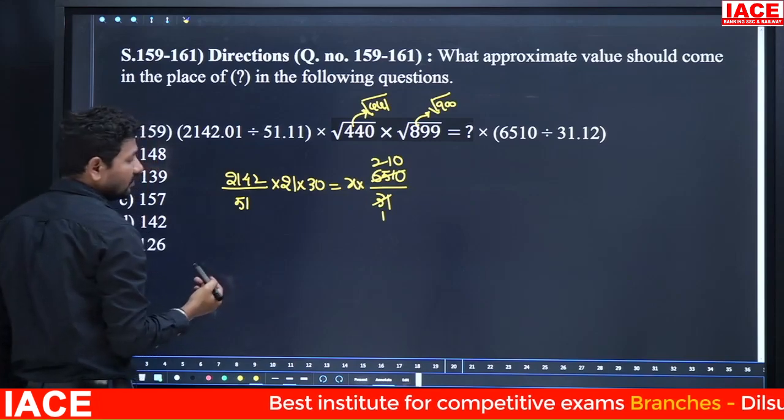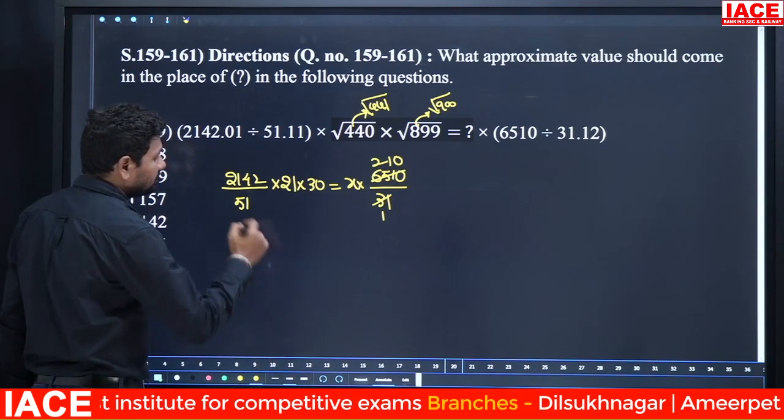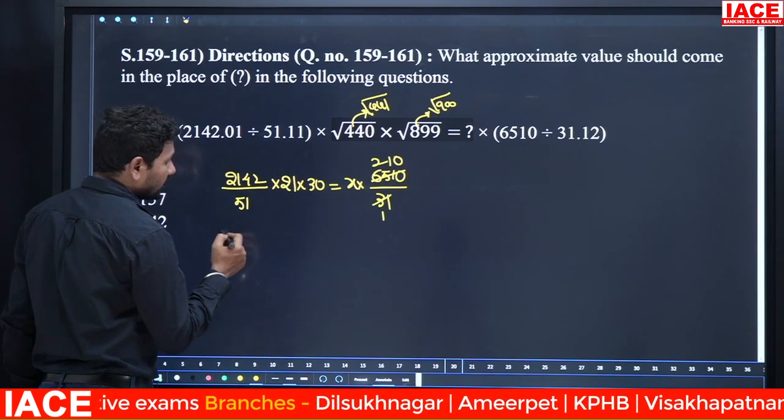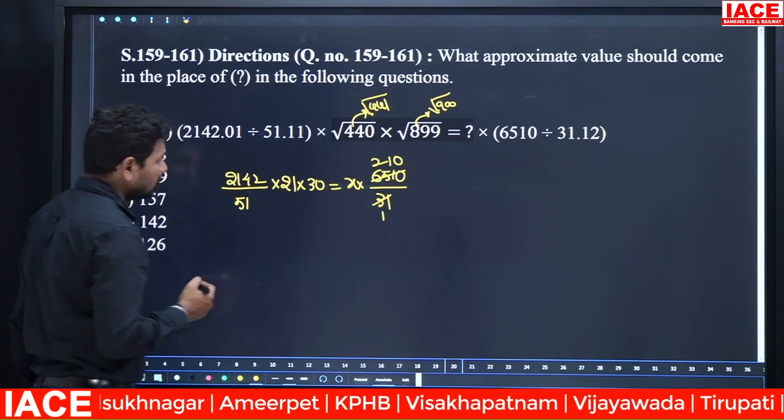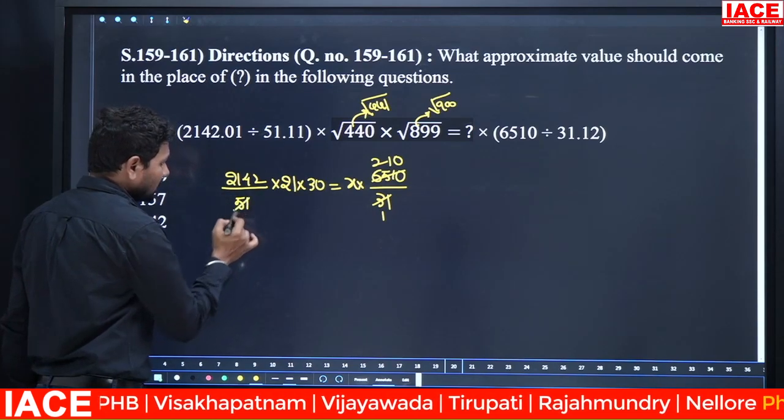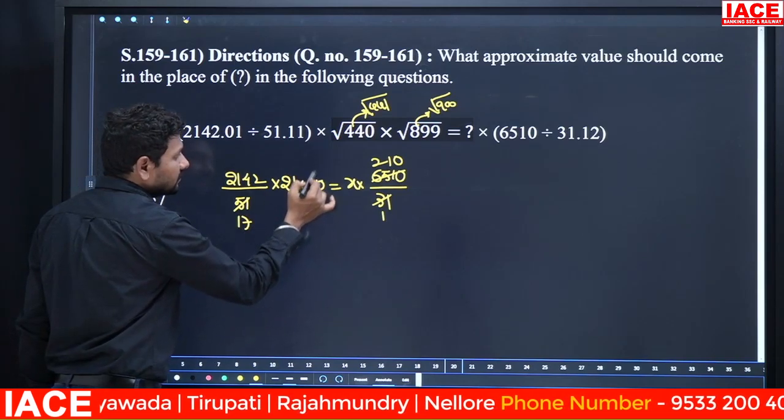Okay, and cancel here also. Try to cancel with 51. Otherwise, 3 17s are 51 and 3 10s are 30.